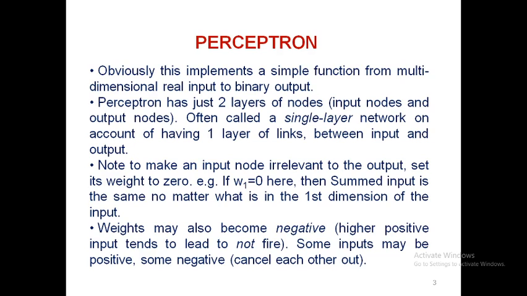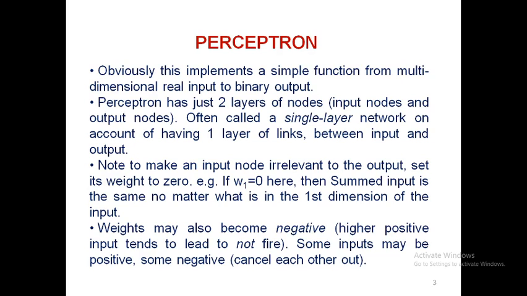No matter the input, the first dimensional input will give 0 only, right? So simply, if there is no information, the corresponding connection link weight can be made 0, so that no information will be passed to the corresponding output node.